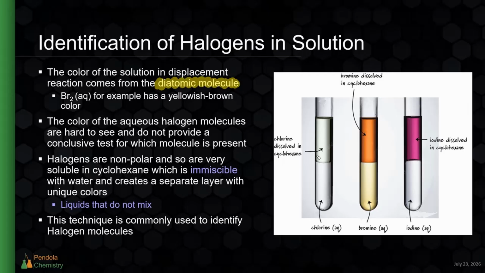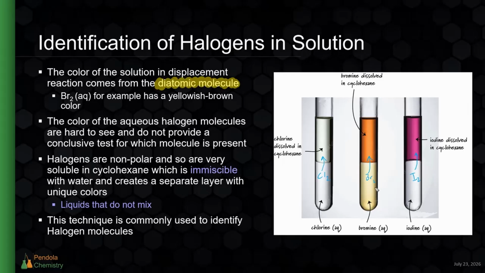And just like oil and vinegar, when you shake it, they'll mix and then they'll separate again. And what happens is that because the halogens are so soluble in the cyclohexane, the halogen molecules, in this case the Cl2 here, the Br2 here, and the I2 here, are going to instead be dissolved into the cyclohexane.